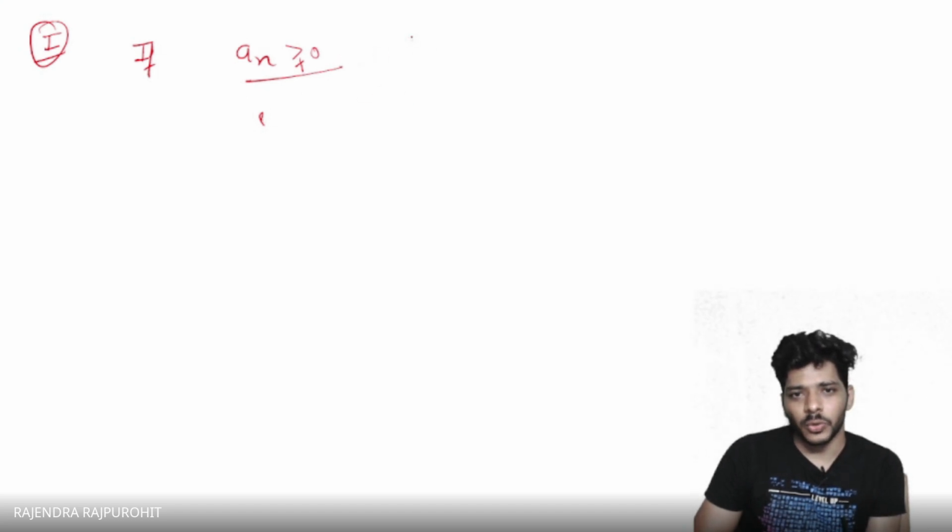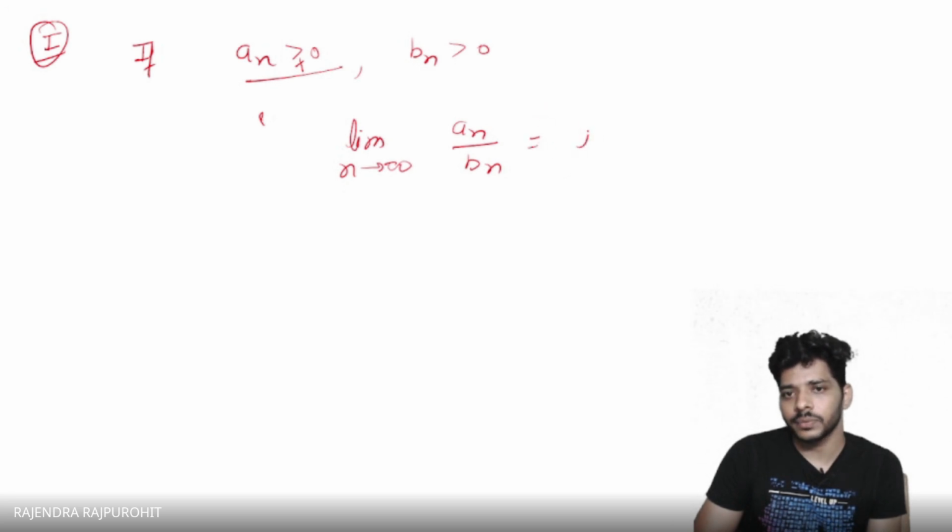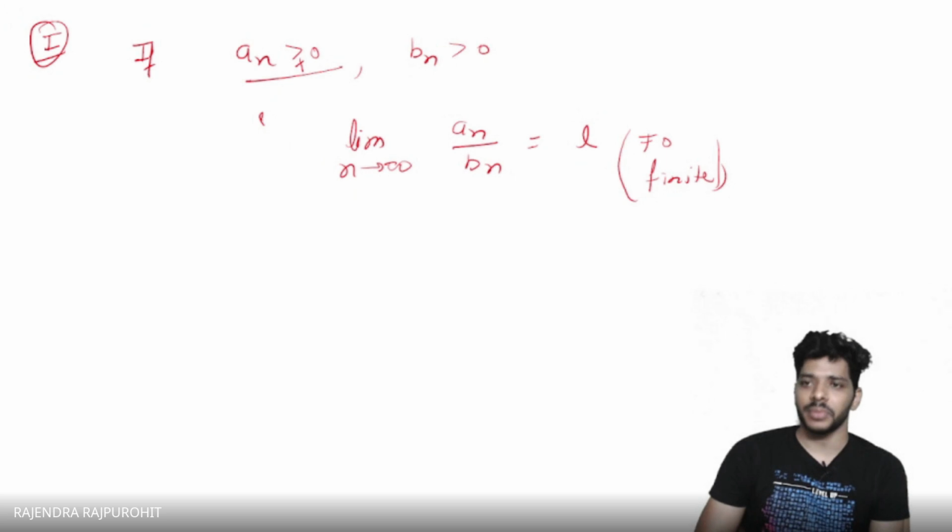Let's take b_n to be positive too. There are 2 sequences, both of them positive, and limit n tends to infinity of a_n upon b_n is equal to L, not equal to 0, and finite. That means the limit of a_n upon b_n exists finitely.